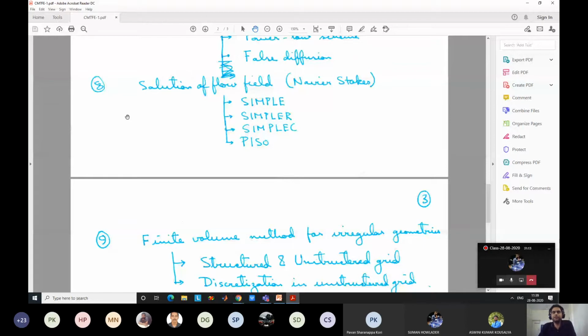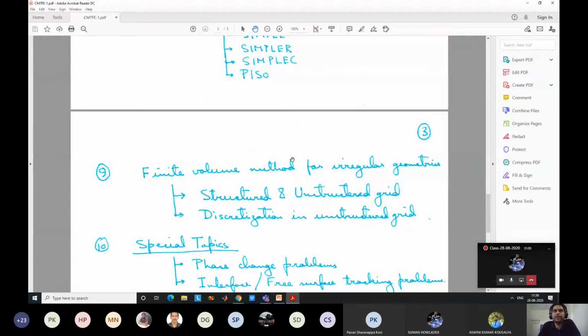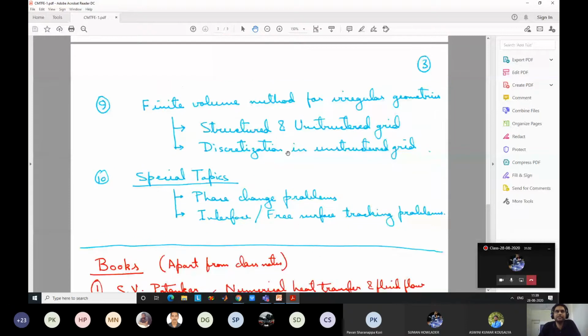But in real life problems, you know that in many cases we have very erratic or irregular geometries. So we will just see the basics of that, what are structured and unstructured grids, and we'll study discretization in unstructured grids.